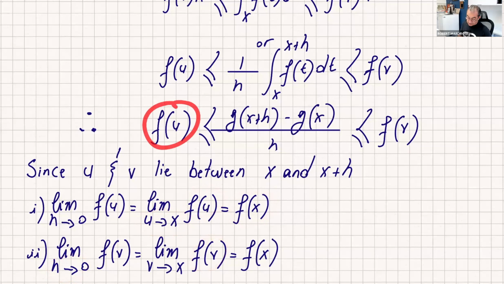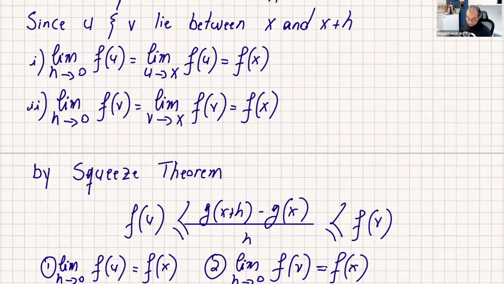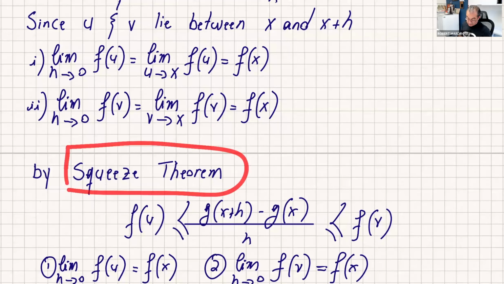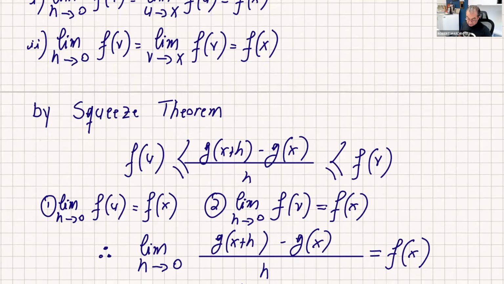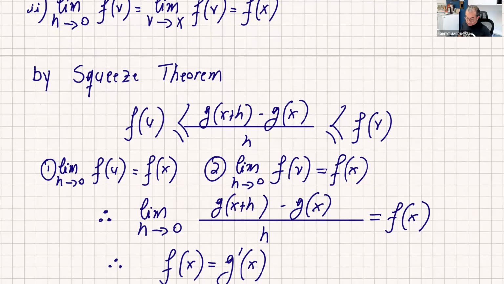Both of those limits become f of x. By the squeeze theorem of limits, the limit as h approaches 0 of g of x plus h minus g of x over h is also f of x.